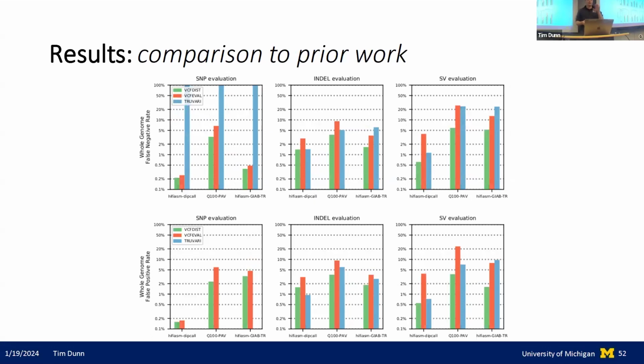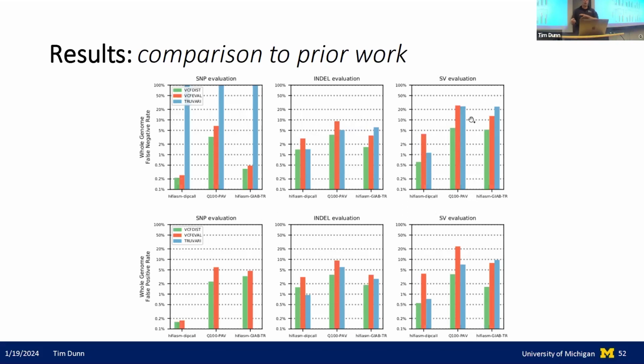So vcfdist is our tool that was designed for small and large variants. That's in green. In red is vcfeval, which was just designed for small variants. However, they do go up to structural variants up to 1,000 bases, so we were able to get bars for that.